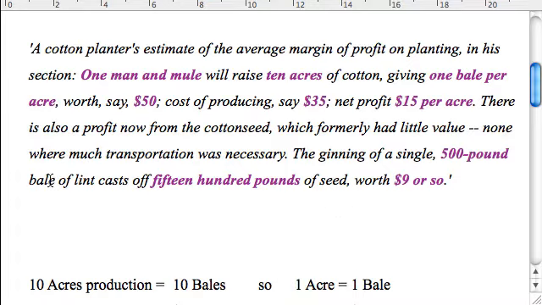I don't see the need of repeating the value of the bale down here because we've already established it up there.